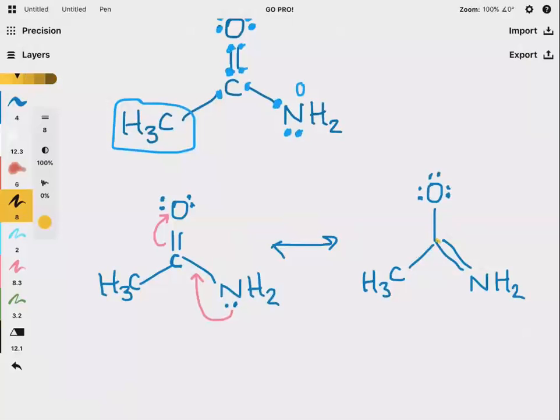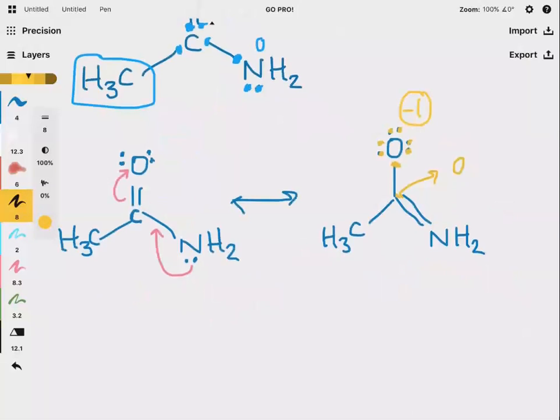So this carbon has a charge of 0. But what about the oxygen? Well, it has 1, 2, 3, 4, 5, 6, and 7 electrons in its valence shell. It's only supposed to have 6. So you know that oxygen is -1.